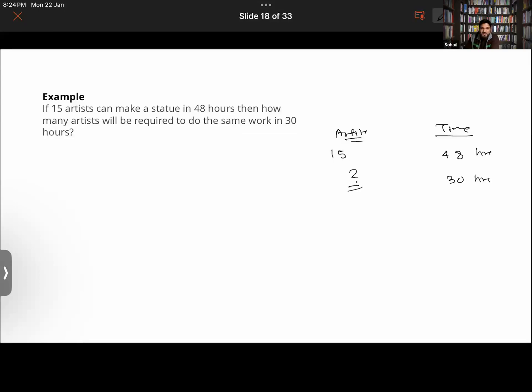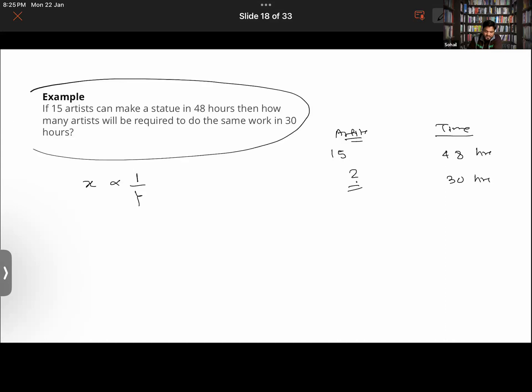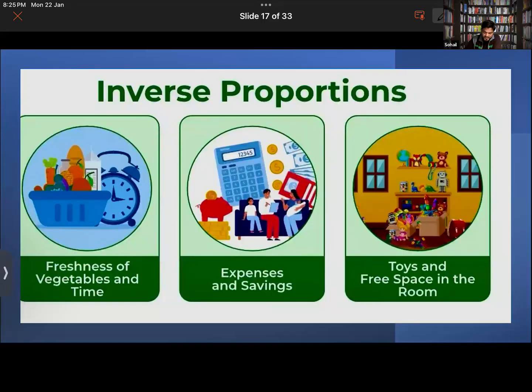Now, before we solve this question, we know the relation. When x and y are in inverse proportion, x is inversely proportional to 1 upon y, right? So keep this example aside for a moment. Let's take this example: as the time is increasing, the freshness of the vegetable is decreasing, right?